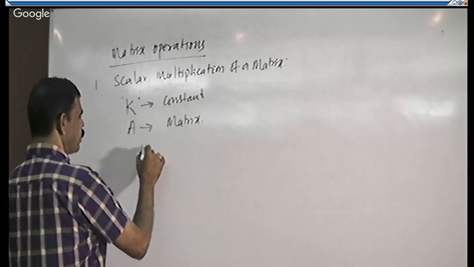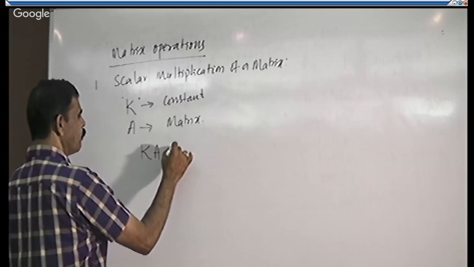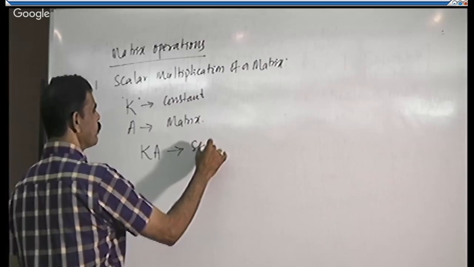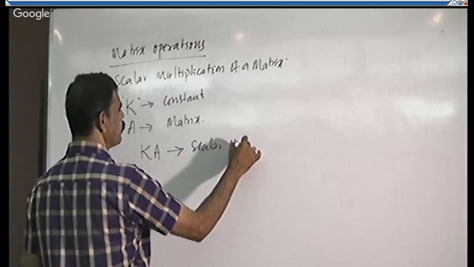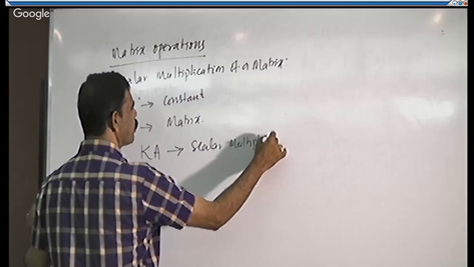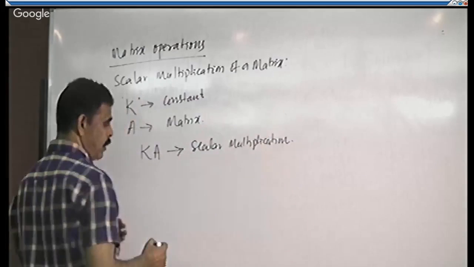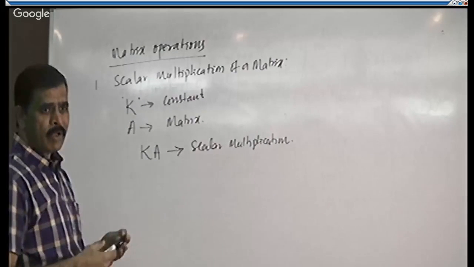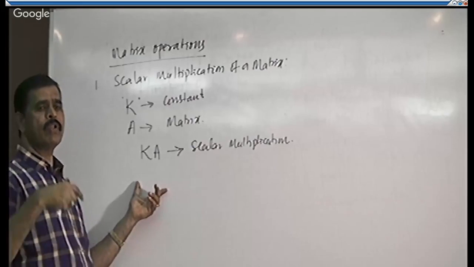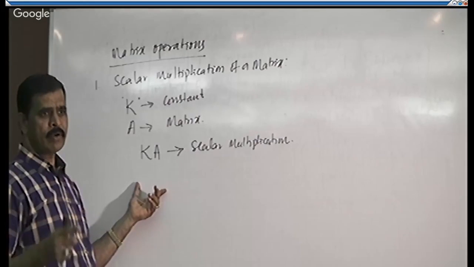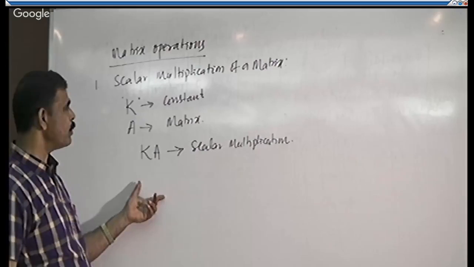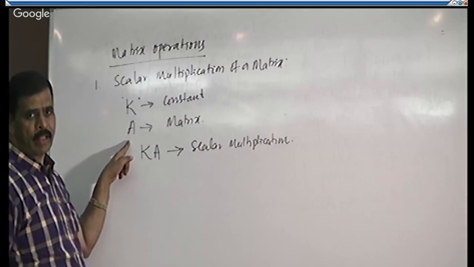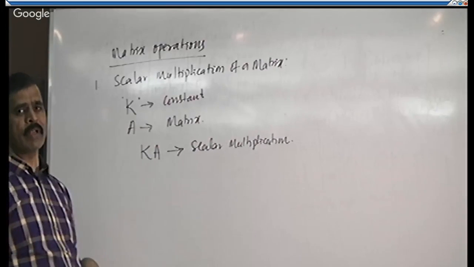If I take K into A, it will be called scalar multiplication. After scalar multiplication, you will always get a matrix whose order is equal to the order of A. Then how to get scalar multiplication?